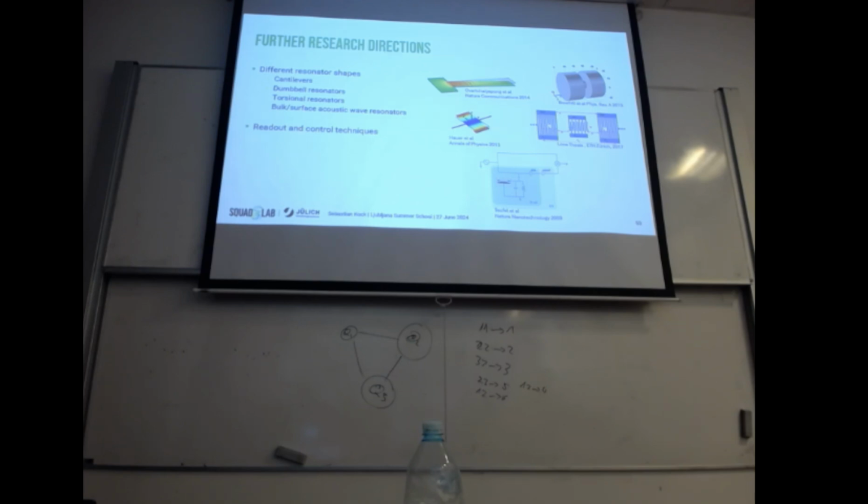You can also think about using those dumbbell resonators, although these are really macroscopic, and you can find out that the overall scaling of the coupling is 1 over L squared with the length. So for coupling to a nuclear spin, this is rather unlikely. You can also try to look at torsional resonators, or even something like surface acoustic or bulk acoustic wave resonators. But my feeling is that these are really lossy.